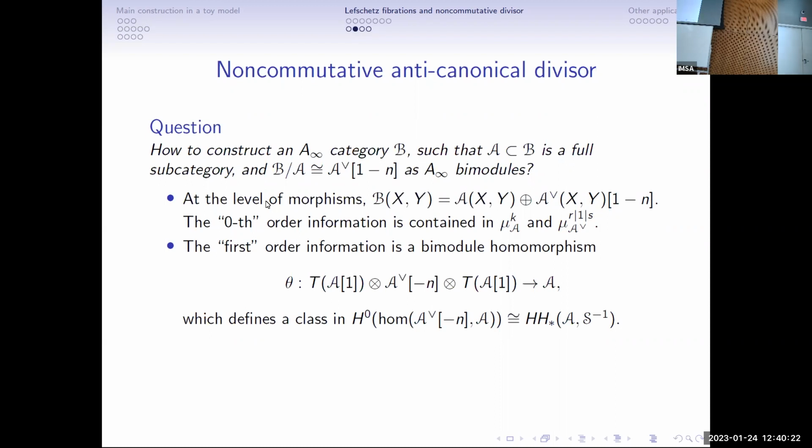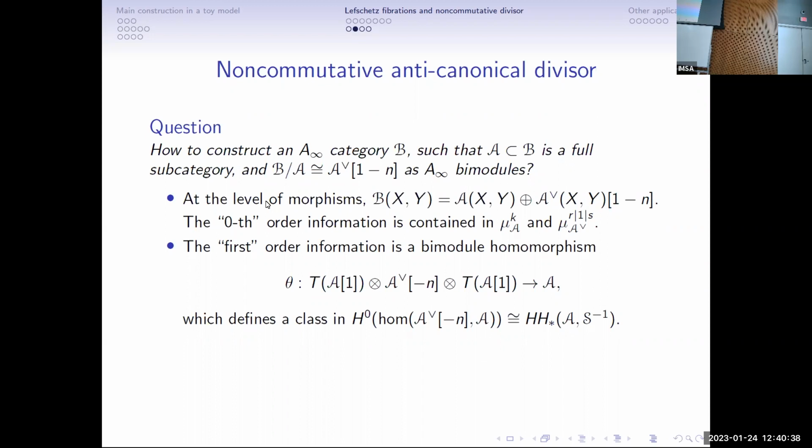And now let's try to understand the first order information encoded in such an extension problem. So what we want is the input, we just have one input given by the linear dual bimodule A dual.